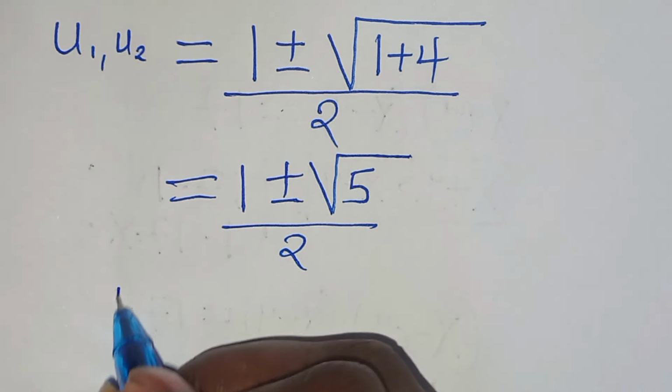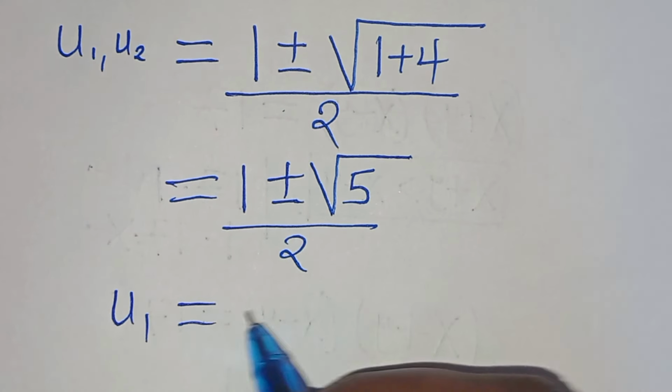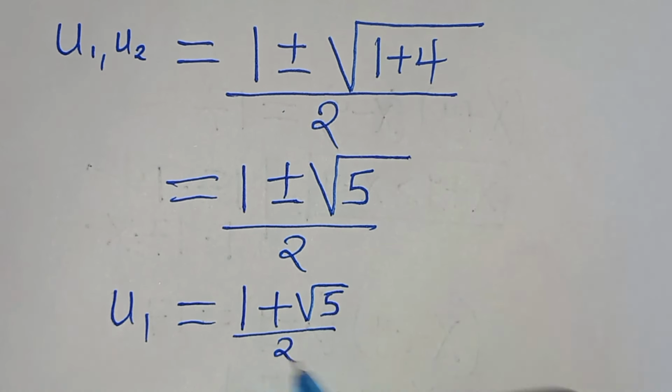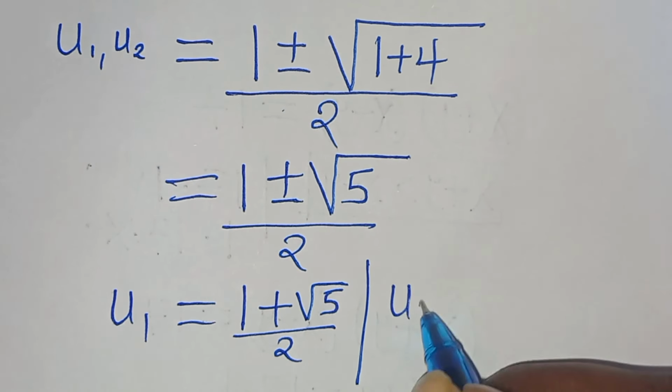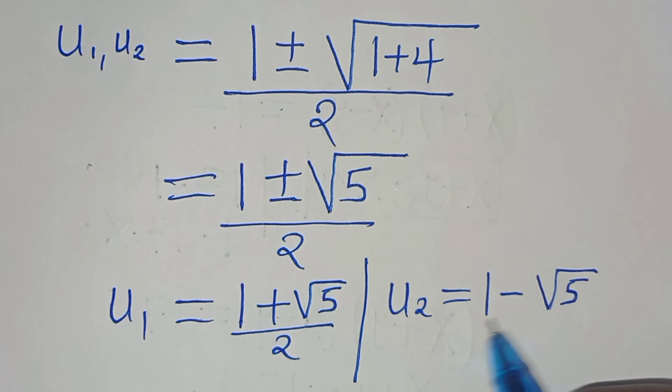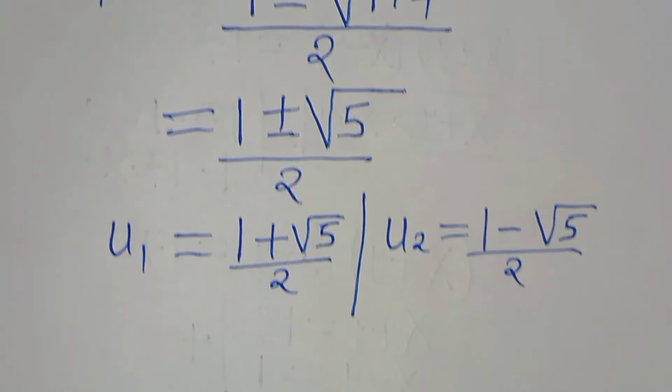So we have that u1 is equal to 1 plus square root of 5 divided by 2. Then u2 is equal to 1 minus square root of 5 divided by 2.